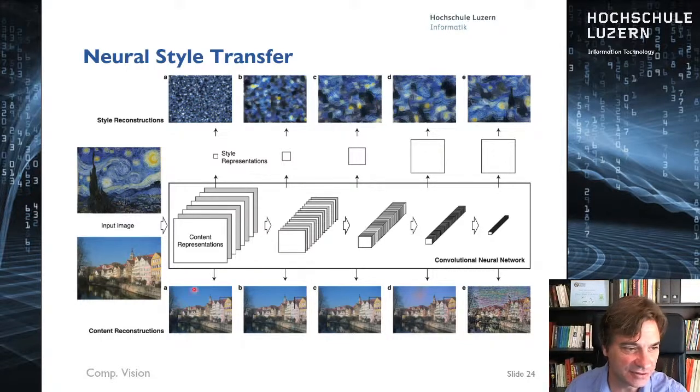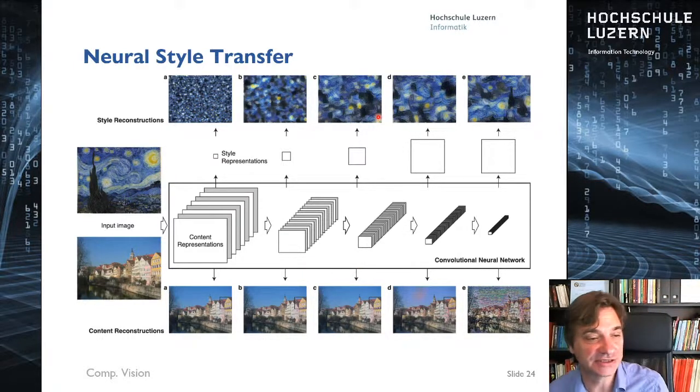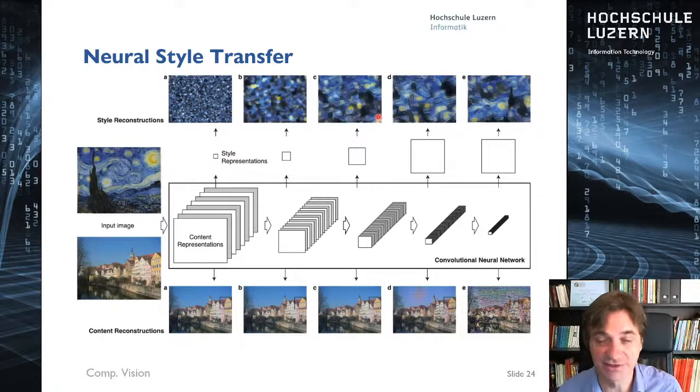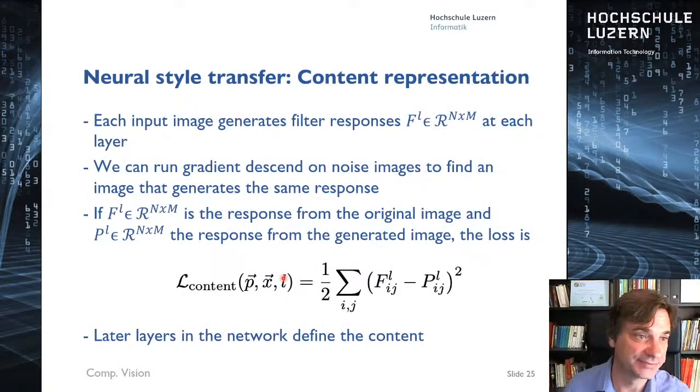It also depends a bit on where in the network you have the most information about the content, and where you have the most information about the style. For the style, we will use the same as for the texture generation, the gram matrices, and for the content, we will use the features directly from the network.